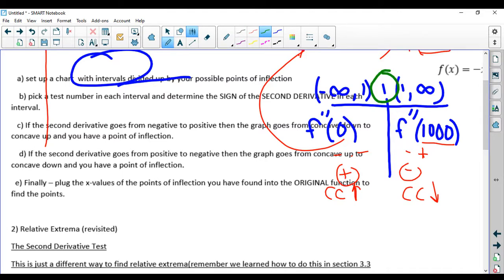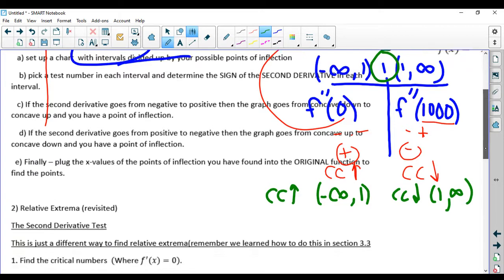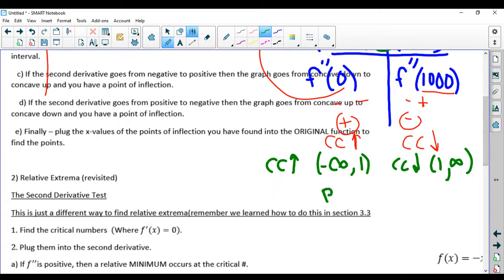So we have concave up on negative infinity to 1, concave down on 1 to infinity, and now we have a point of inflection at 1 comma.